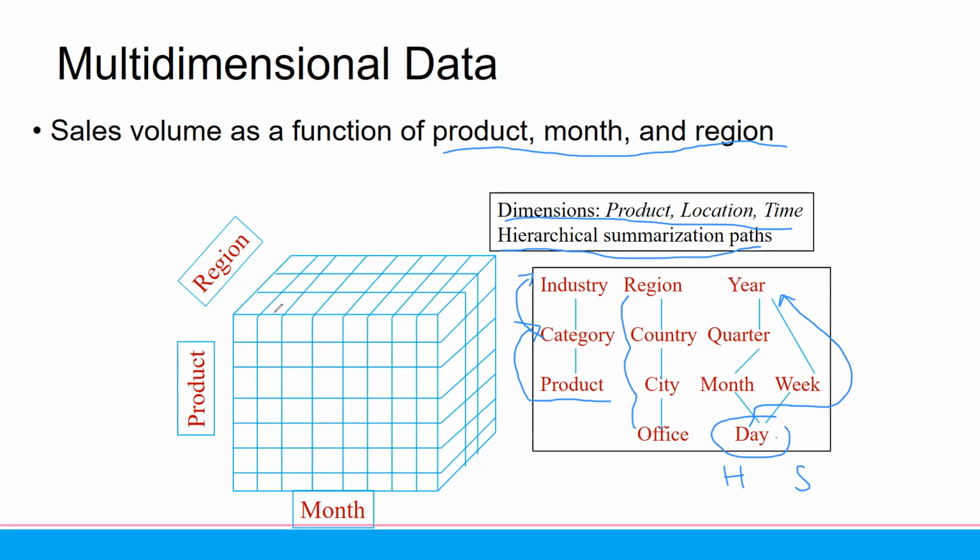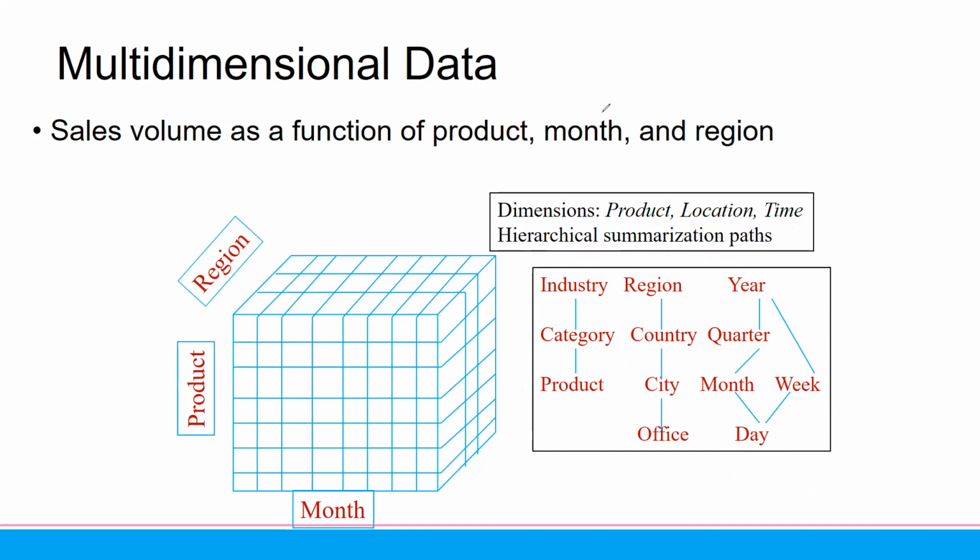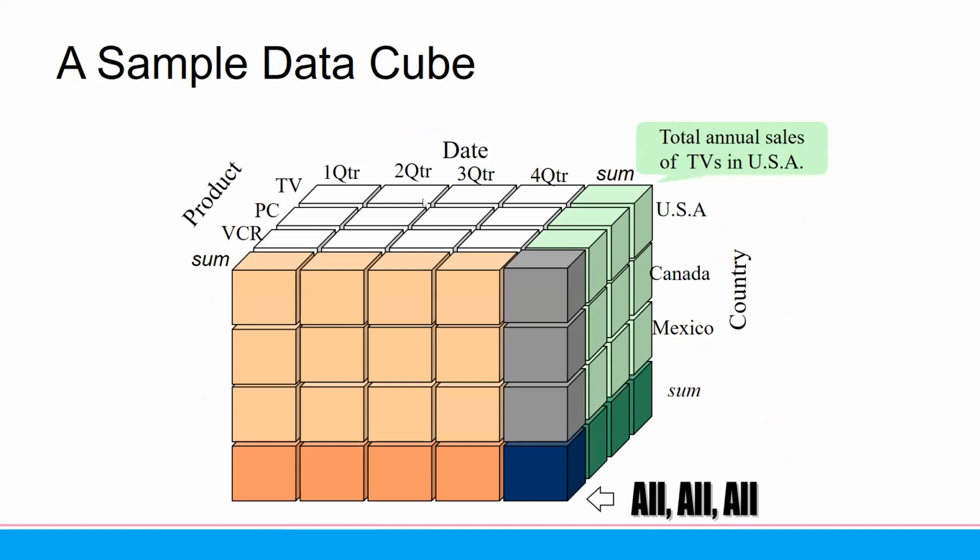And you can say this is the data cube, because it is a cube: this is product, and then in a particular time, and then in a particular region. So this is an example of a data cube. You can see the different colors, the brown, the gray, the blue, the green and white.